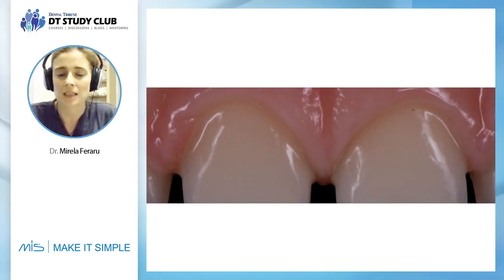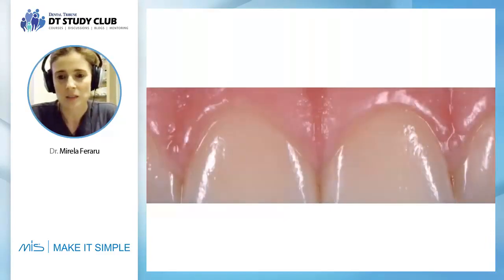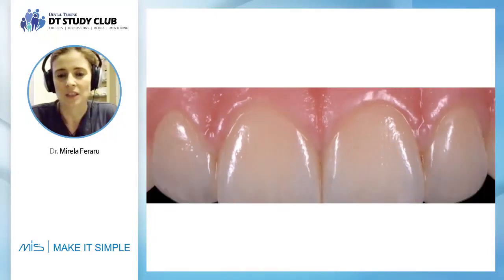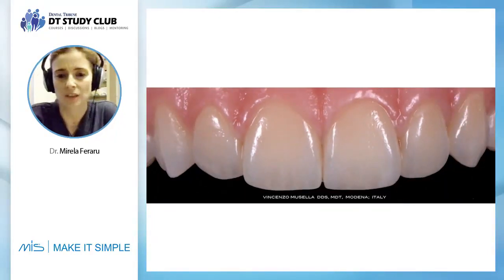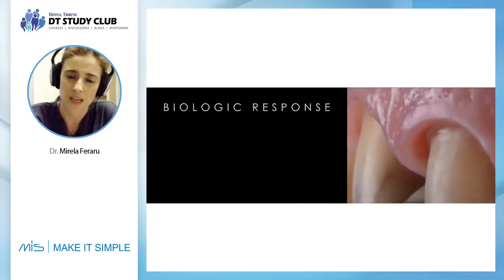And as we can see, as we go to the mid-cervical part, we are more superficial with the positioning of our preparation margin. So as we can see, these are the veneers that Vincenzo provided for us with a very nice relationship with the soft tissues.